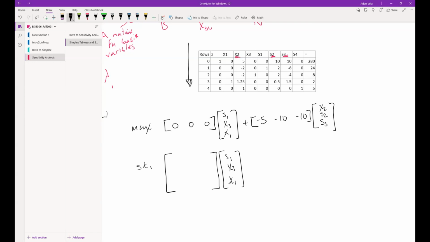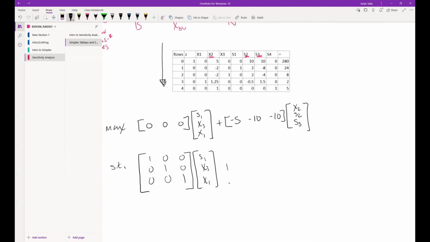Oh, I feel like I did this in the wrong order last time. All right, so here we should have 1, 0, 0, 0, 1, 0, and then 0, 0, 1. Right, and that will give us the first part.